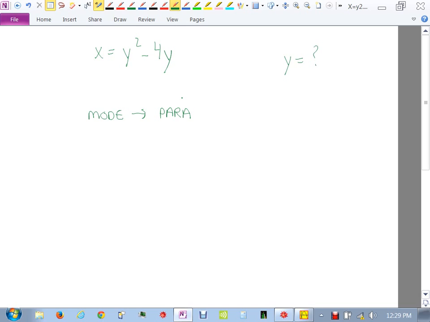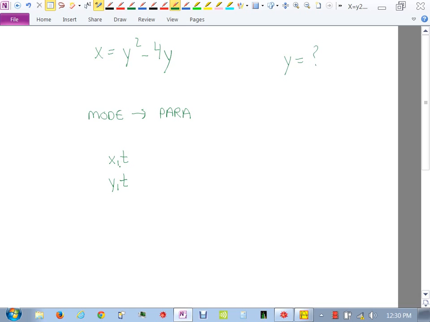Now, this represents parametric equations instead of a function. Here's the way parametric works. Go back to the graphing screen after you've selected parametric, and it should be asking for something like x1t, then y1t.